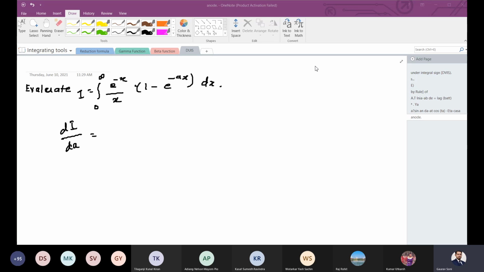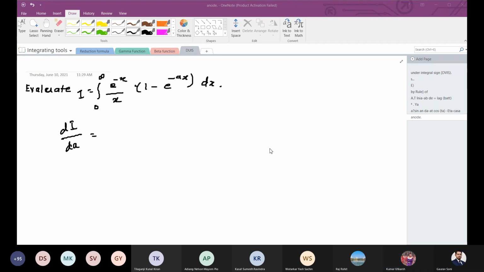Yes, anyone? Sumedh, Sahil, Siddhi. Sir, e to the power minus x into e to the power minus ax. No, I guess. Sir, e to the power minus x into 1 plus a.